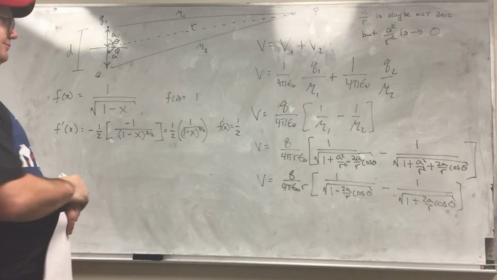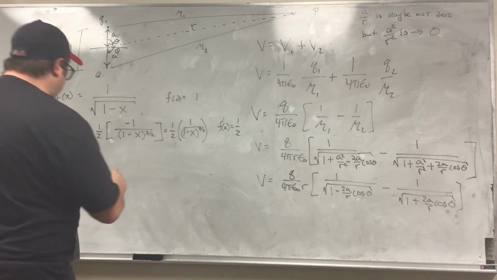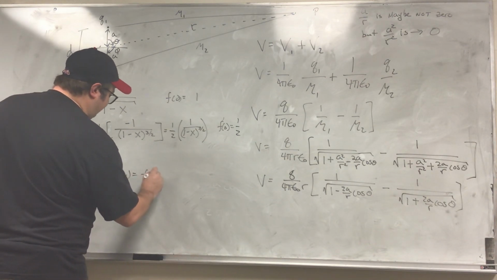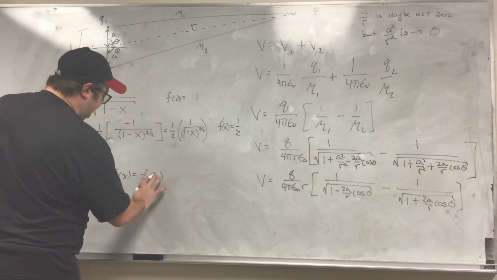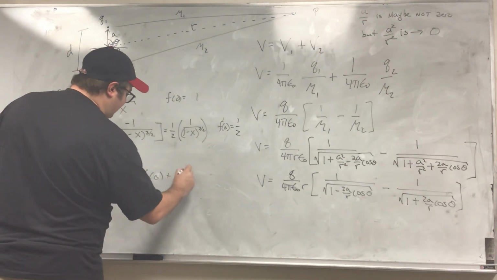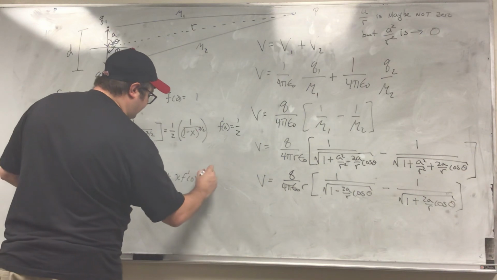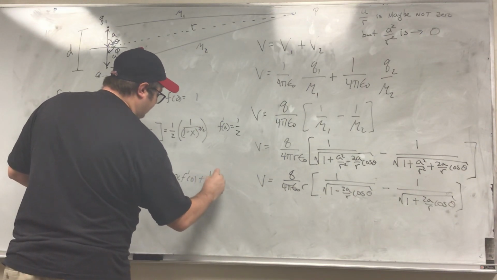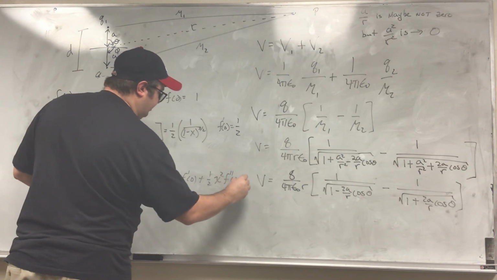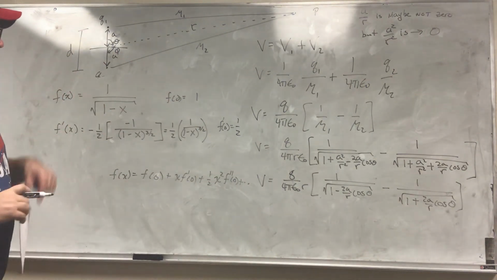But wait a minute, should we? If I look at the expansion, the Taylor expansion is going to be f of 0 plus x f prime of 0 plus 1/2 x squared f double prime of 0, and so on, all the way out.